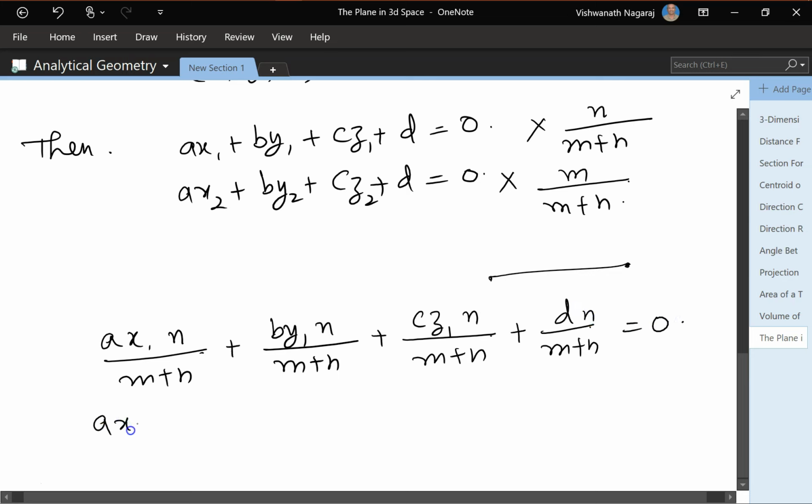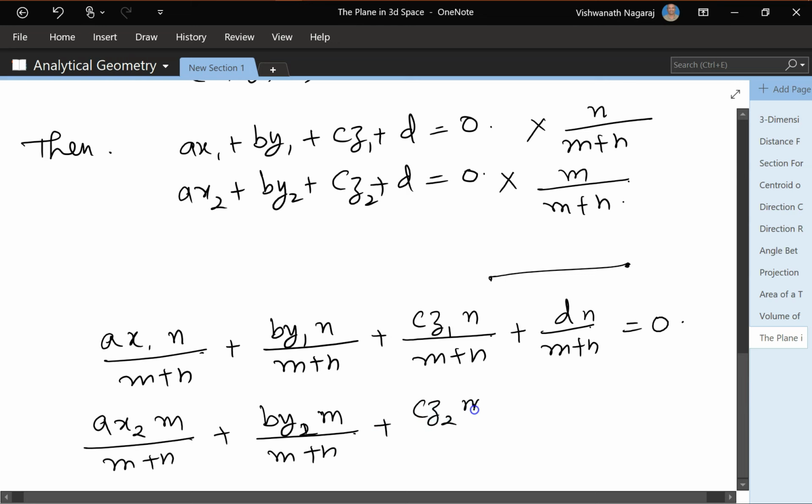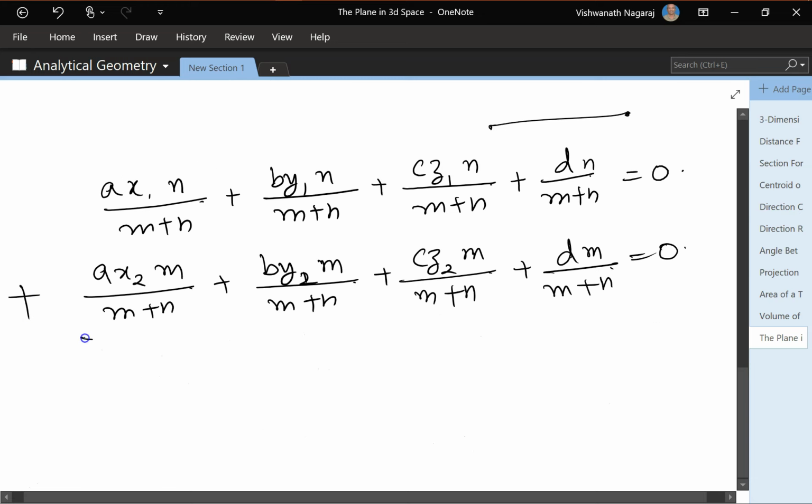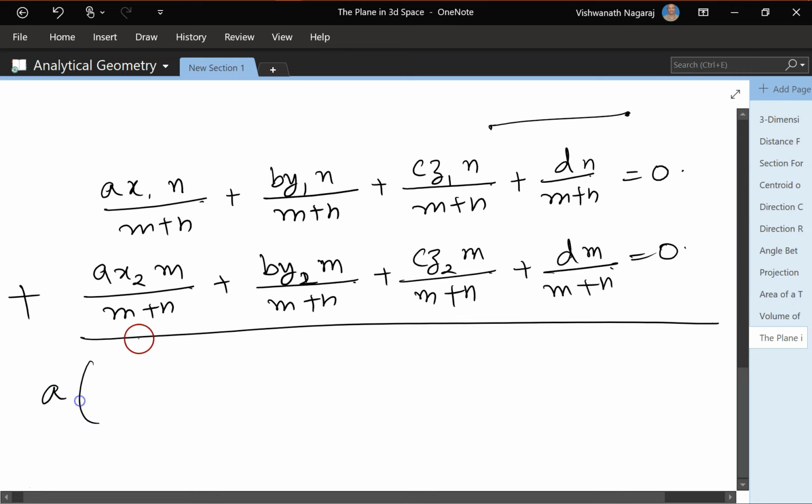Similarly, a x2 m by m plus n plus b y2 m by m plus n plus c z2 m by m plus n plus d times m by m plus n equal to 0. Now let's add these two. What do we get? a is common, so let's take a out.